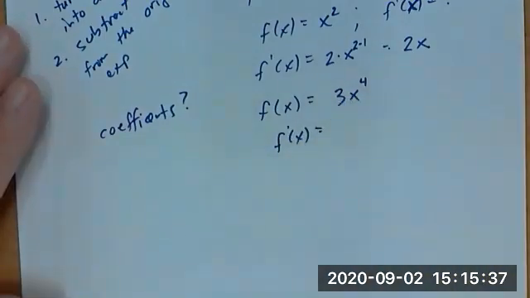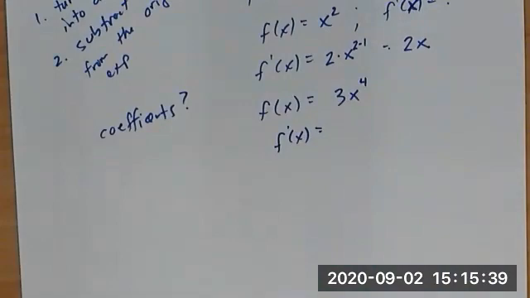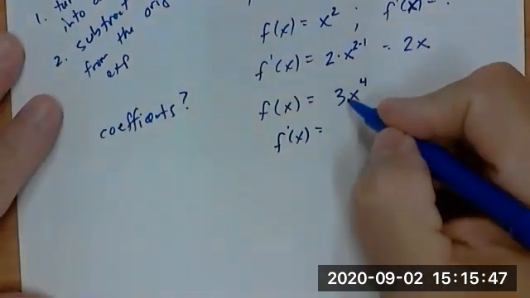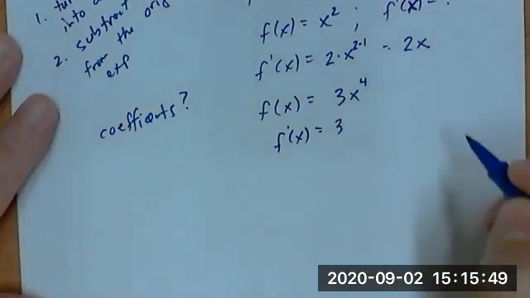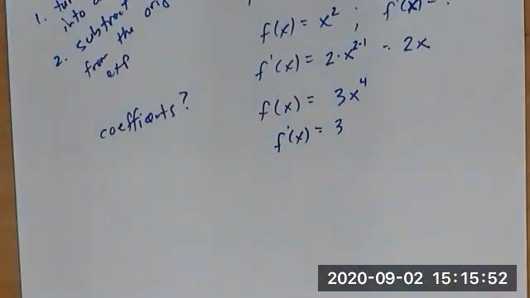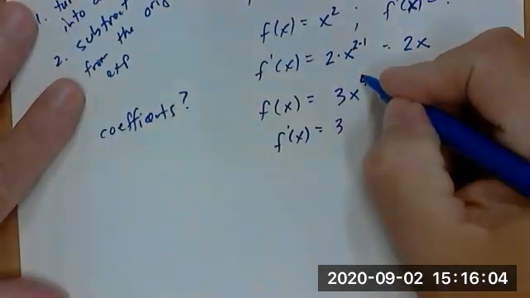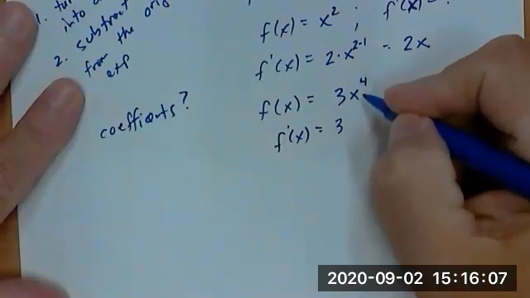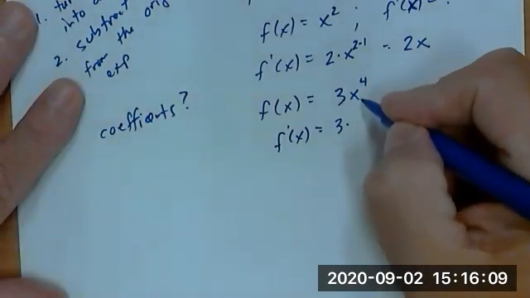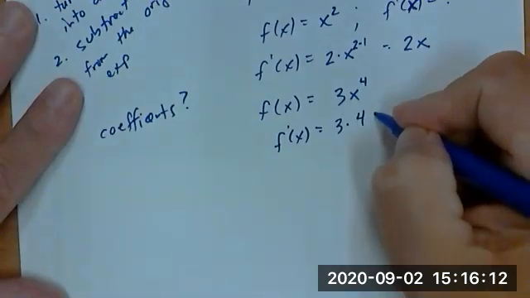The nice thing, when you're taking the derivative of a function, the coefficient, what I say just tags along. So what I always do is I always just first write the coefficient. Nothing happens to it. It doesn't change. It's almost like you copy it down. Or I say it tags along. So I write the 3, and now I'm going to take the derivative of x to the fourth, which according to our power rule, bring the 4 down front.